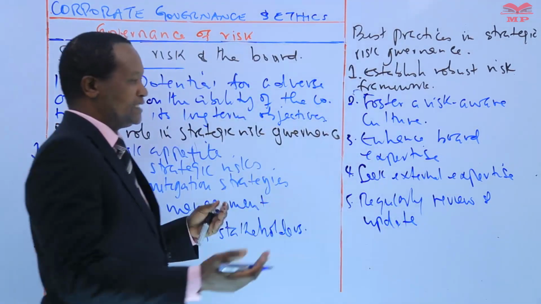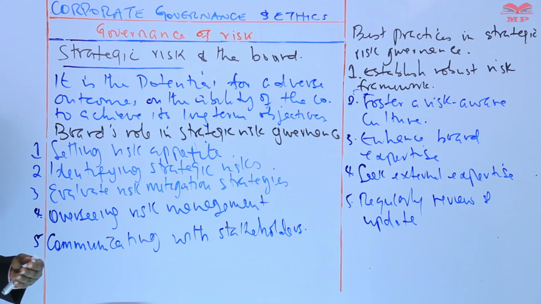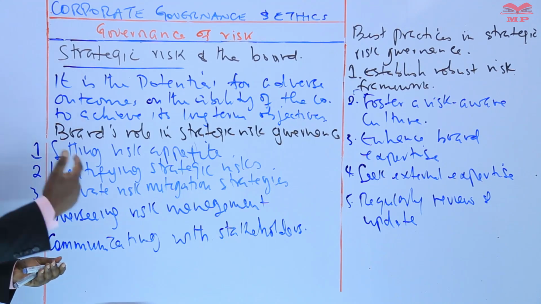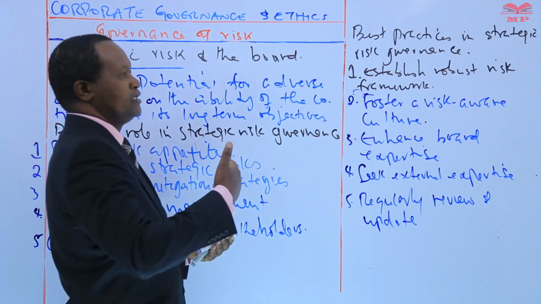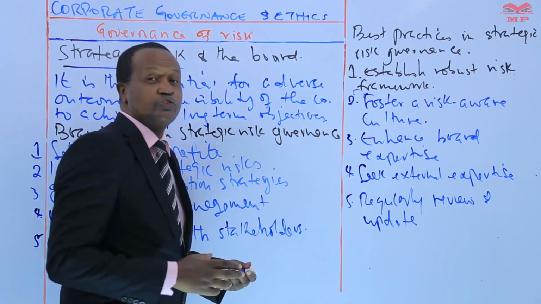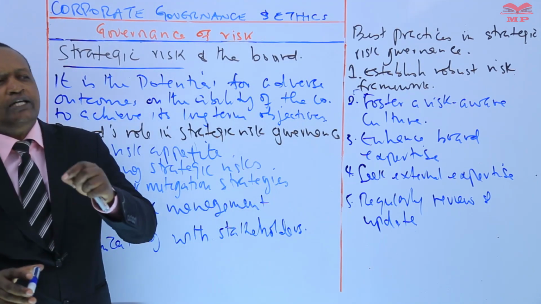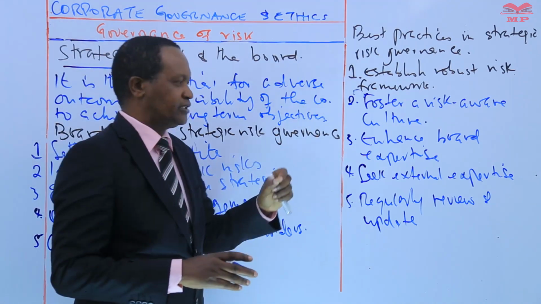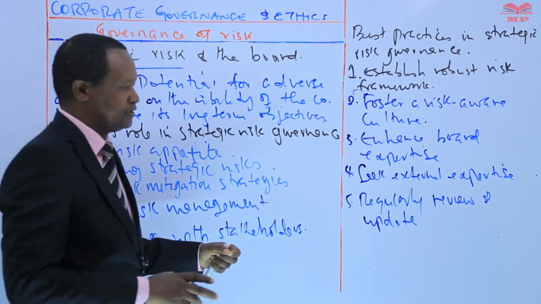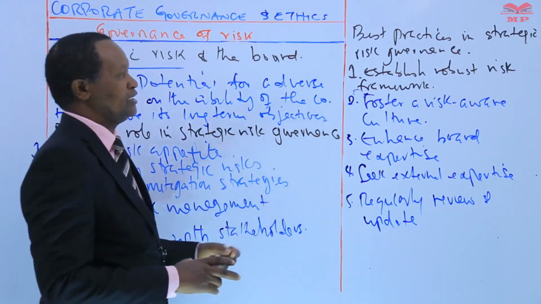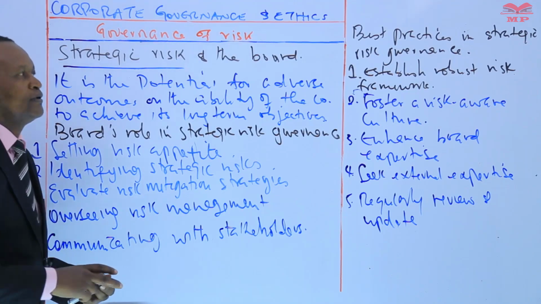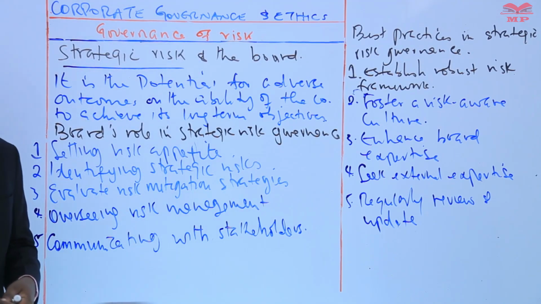Review and update the company's risk profile and risk mitigation strategies on an ongoing basis regularly. So these are best practices in strategic risk governance.